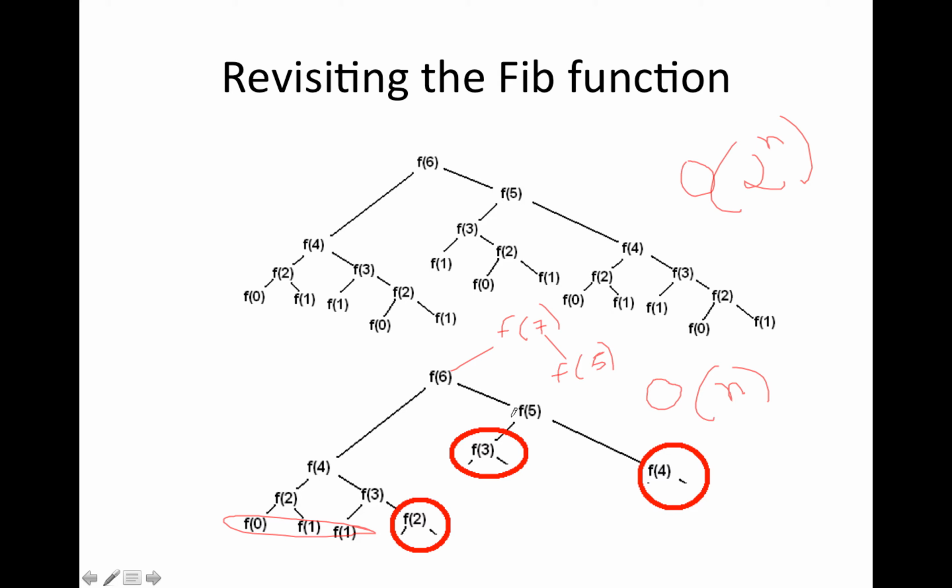But again, since we had already calculated 5, this would just be a reuse of the f of 5. So you can kind of see how every number leads to a constant number of operations, and for n numbers we have n calls, leading to an O of n, or linear, time complexity.